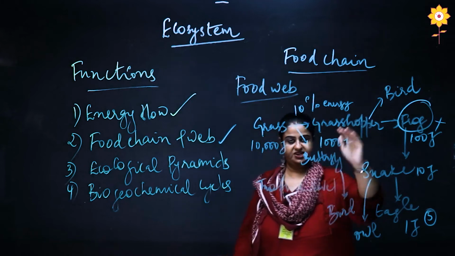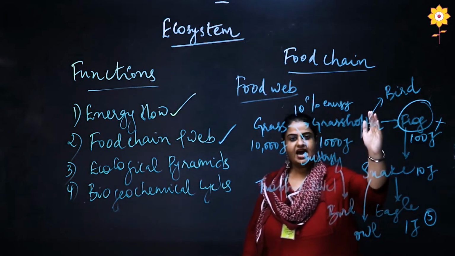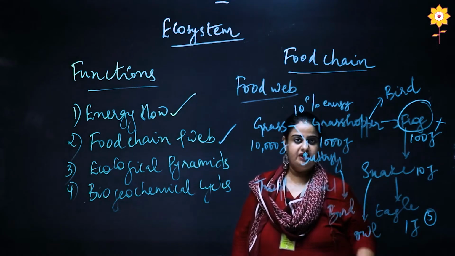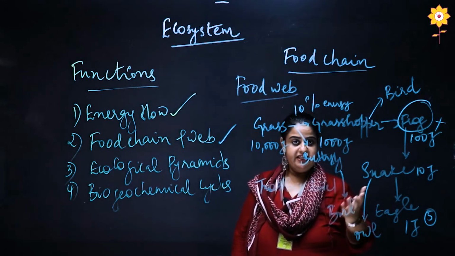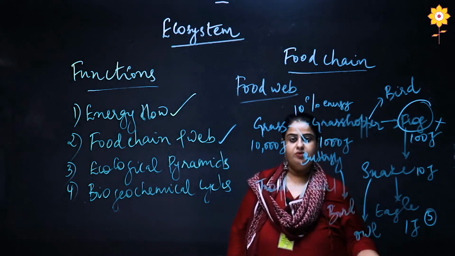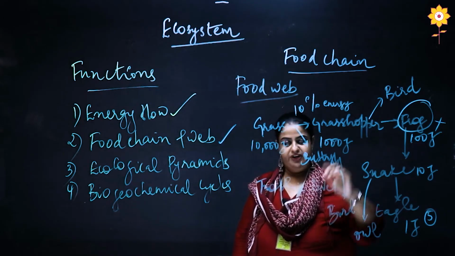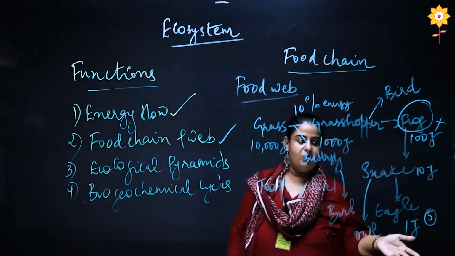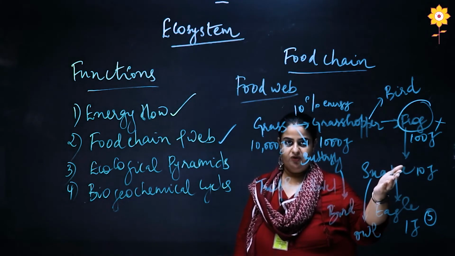Now, on the other side, snakes directly depend on frog for their food and the amount of frogs are decreasing. So what happens to the snakes? Their number by default will go down because they do not have food to feed on. When snakes go down in number, eagle will again go down in number because they don't have anything to feed on.